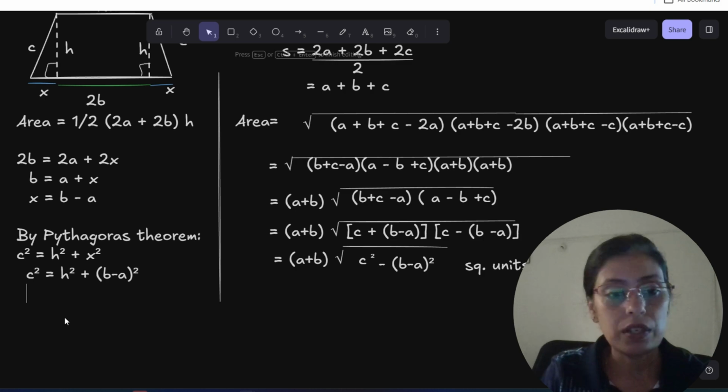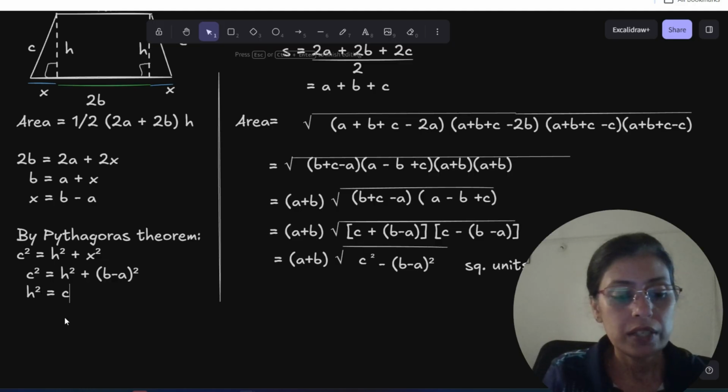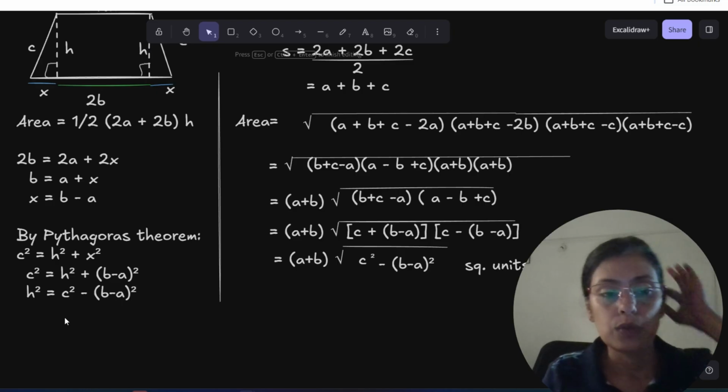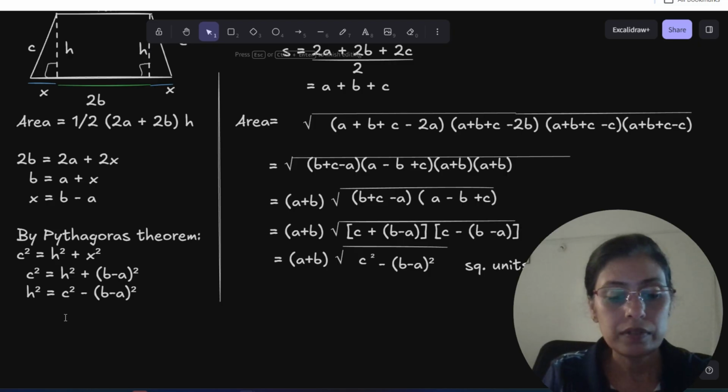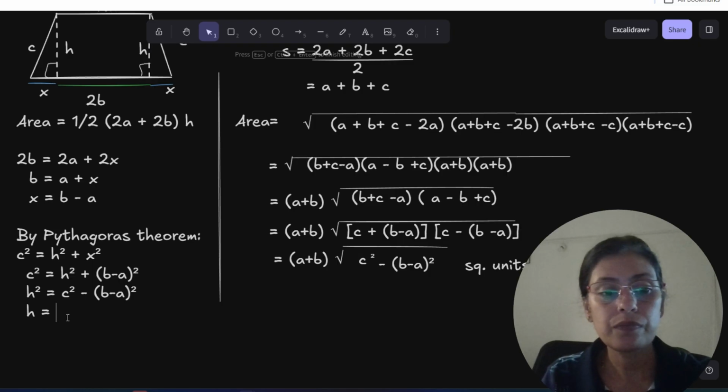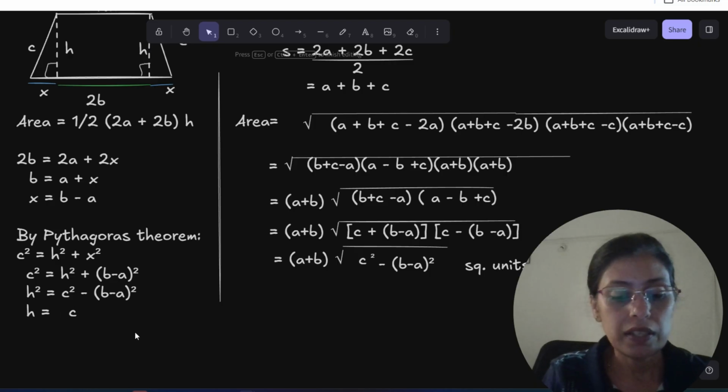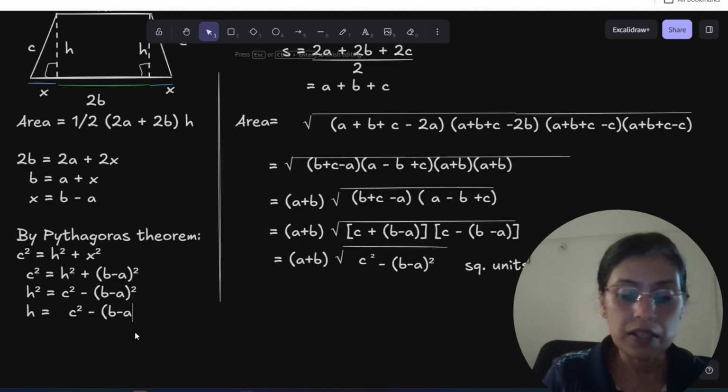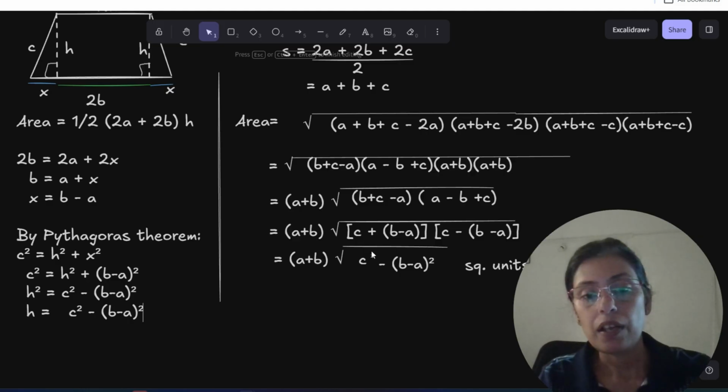So what we need to find out here is h. So h square is equal to c square minus b minus a whole square, or h will be equal to the square root of c square minus b minus a whole square.